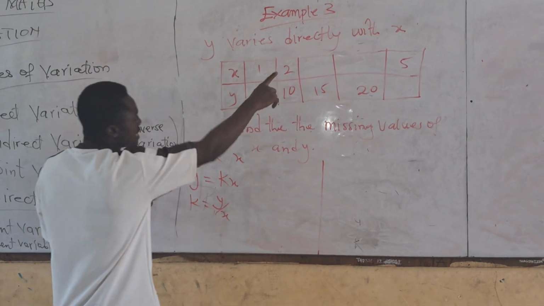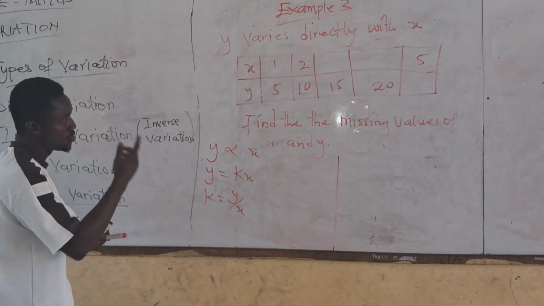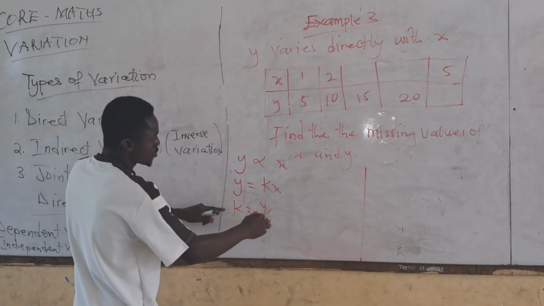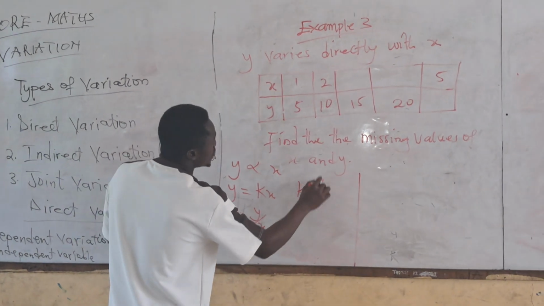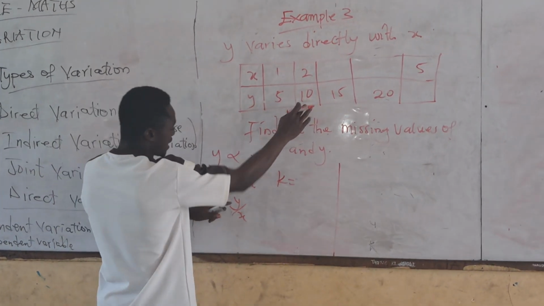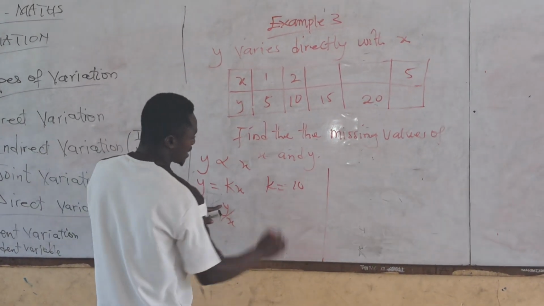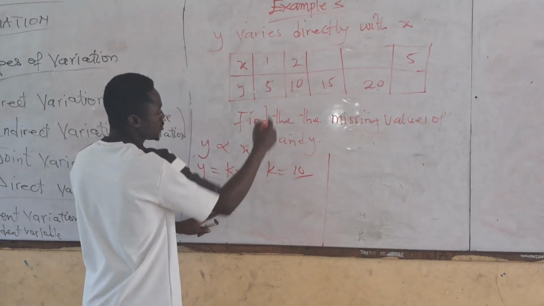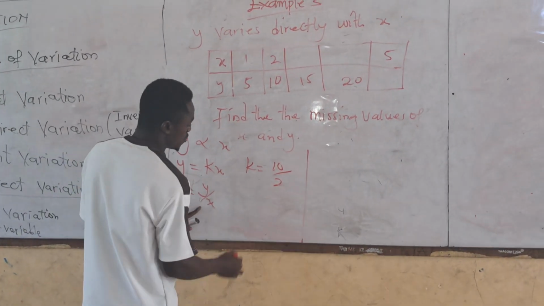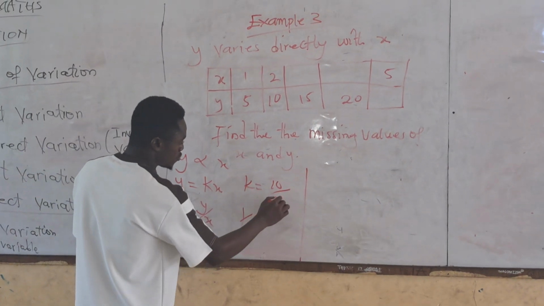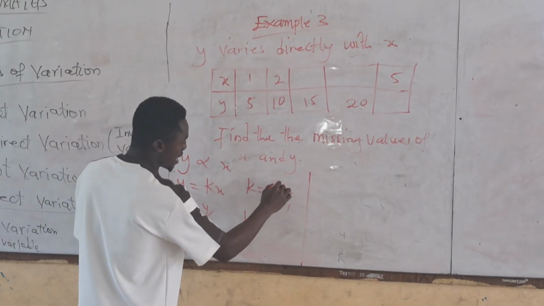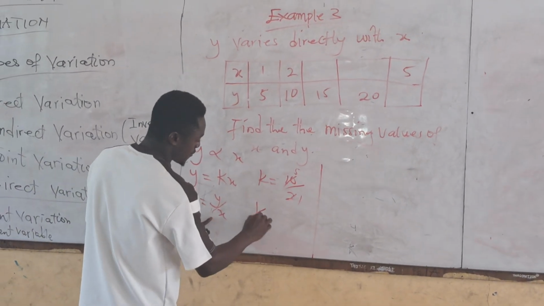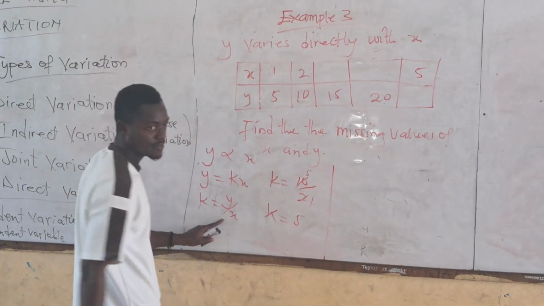So in so doing, let's use the second point. So using the second point, our k is now equal to y, which is 10, over x, which is 2. Therefore, 2 into 10 is 5. Therefore, our k is equal to 5.